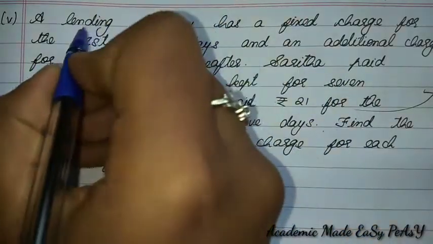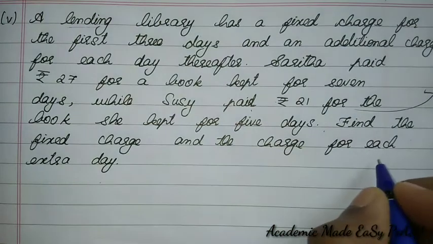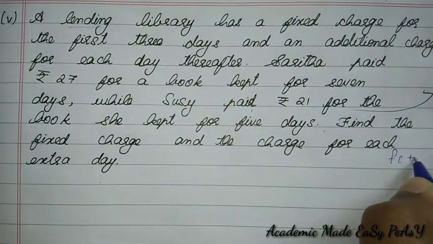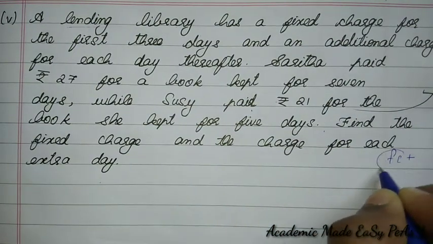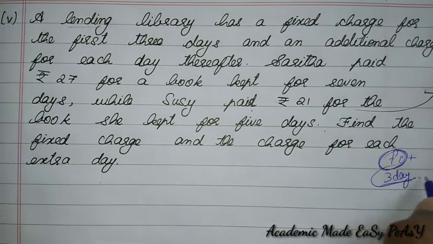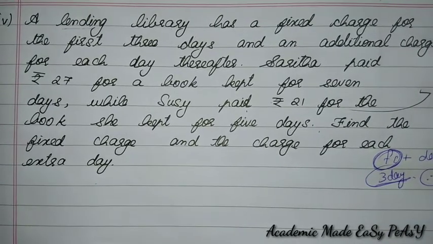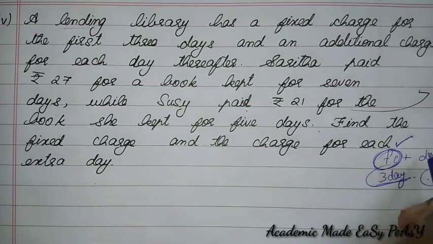So here what is given is that a lending library has a fixed charge. This fixed charge is only for the first 3 days. For the remaining days they charge some amount per day. So we have to find this fixed charge and the charge per day.